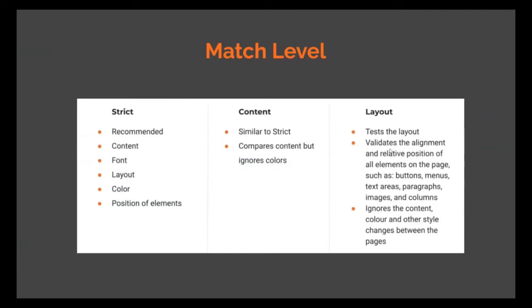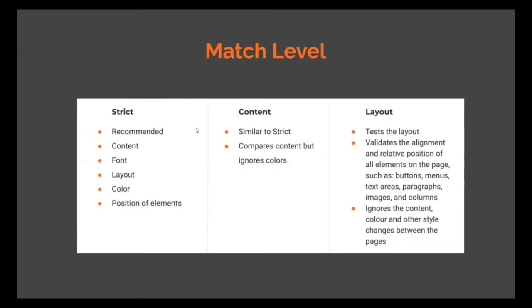The last option is the layout match level. With this match level, the Eyes matching engine ignores differences in the actual content, text and graphics, color, and other style changes. This match level is most effective and used to validate pages with dynamic content. Right now in our code base we're using strict matching, but even exact matching has worked really well for us.